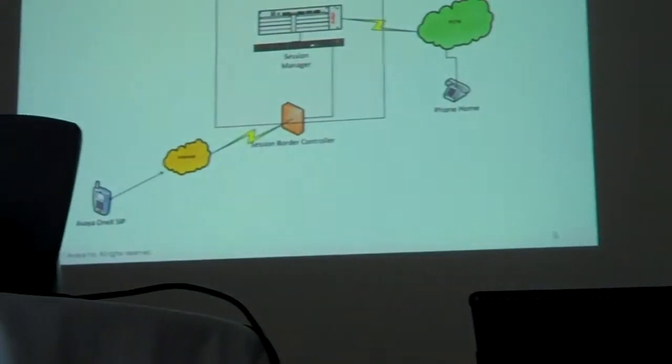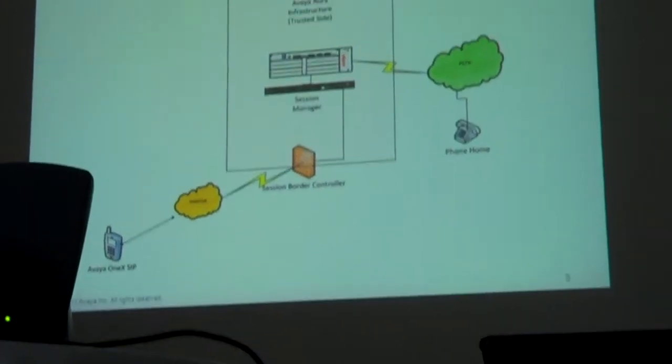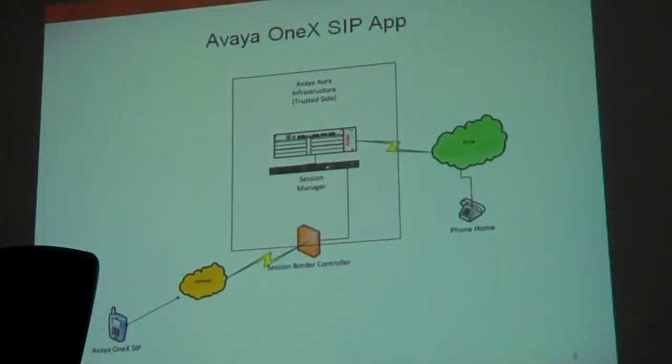So then, what we demoed with Susie's student is the Avaya 1X SIP application. So how is that different than the other two that we've seen? Well, what you would do in this case is in the untrusted part of your network, the one facing out, you would put a session border controller, which, John, I think that was one of your questions. The session border controller acts as a back-to-back user agent.